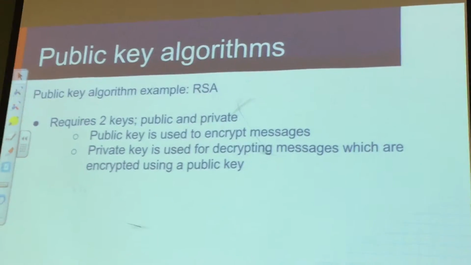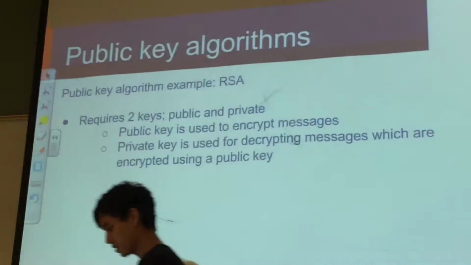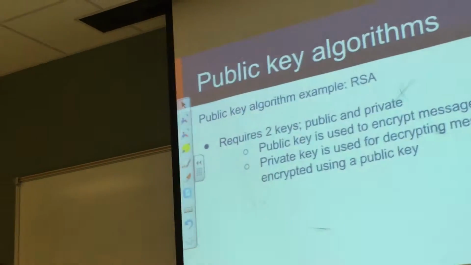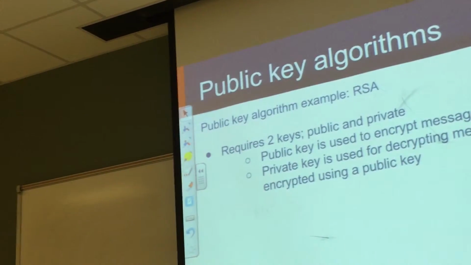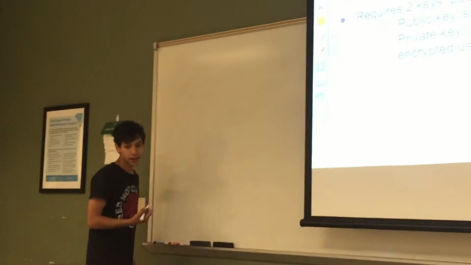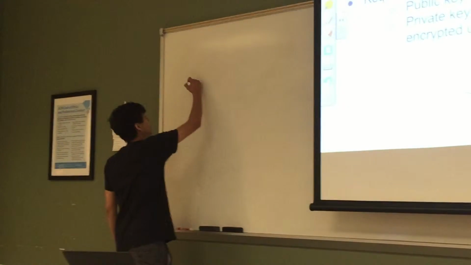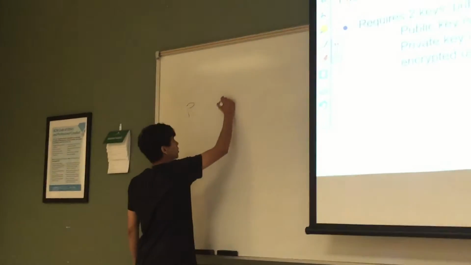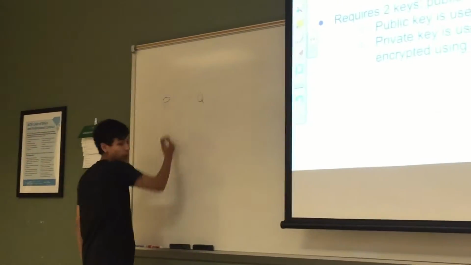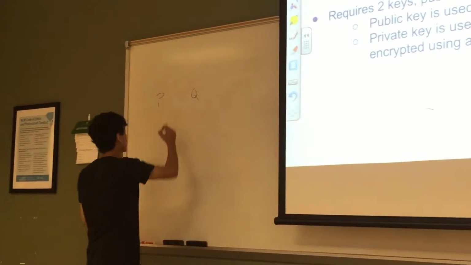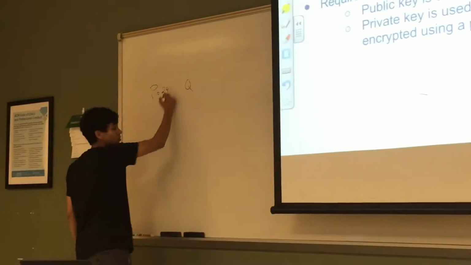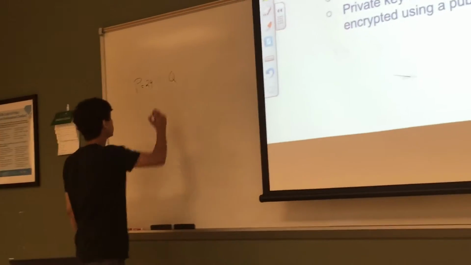So I'm going to demonstrate RSA on the board very quickly. Basically, the first step is to generate a public and a private key. So you pick two numbers, P and Q, that are both prime. We'll pick P equals 29 and Q equals 31.